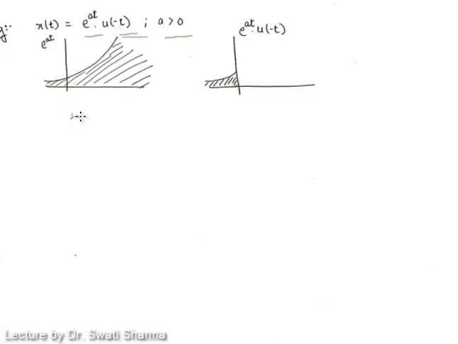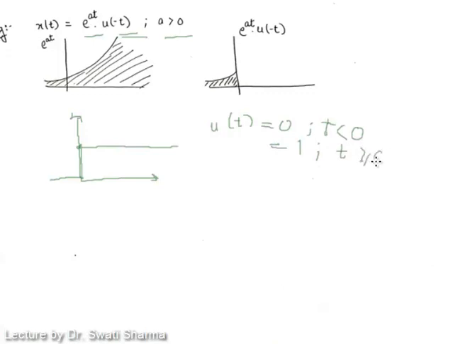Now you know that a unit step signal is like this. It is 0 for t less than 0, and at t equal to 0 it becomes 1, and then it remains 1 for all the values of t greater than 0. So you know that u of t is 0 for all the values of t which are less than 0, and it is equal to 1 for all the values of t which are greater than and equal to 0. So when I fold this unit step signal, now if this is u of t, and you know that u of minus t is the folded version.